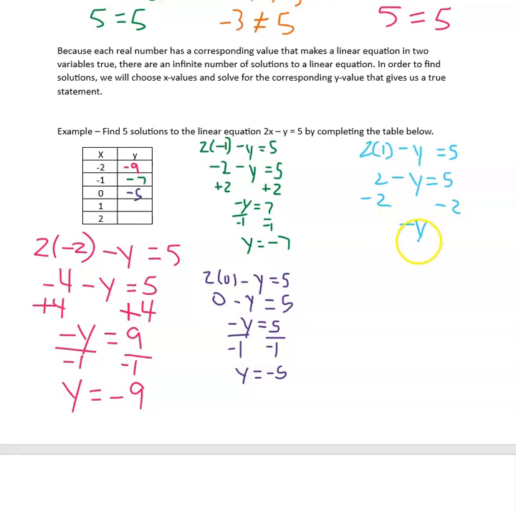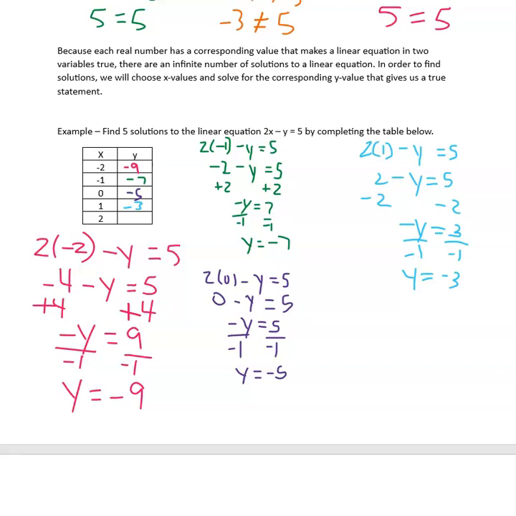So negative y equals 3. Divide both sides by negative 1. And y equals negative 3. So when x is 1, y is negative 3.